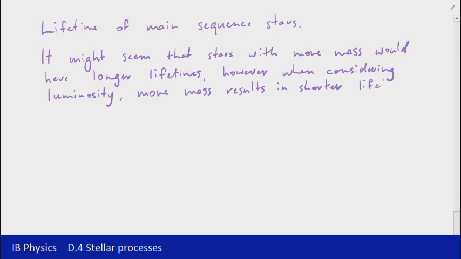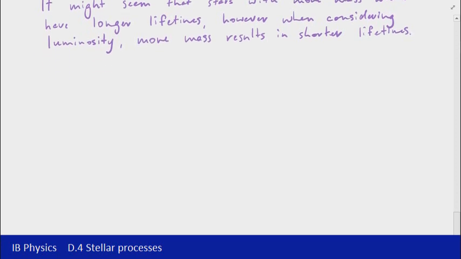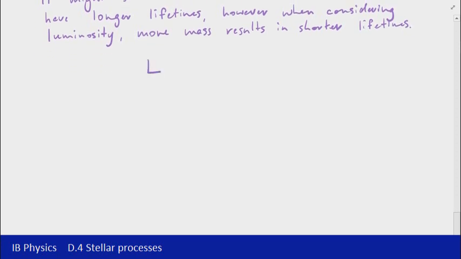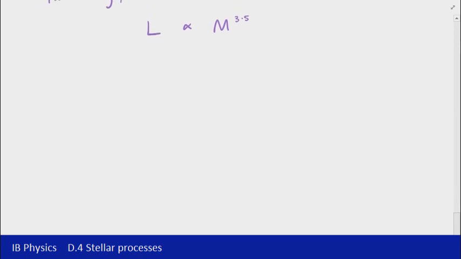And to start with, we need to go back to subtopic D.2, where we looked at the relationship between luminosity and mass, where L is proportional to M to the power of 3.5. So L being the luminosity and capital M being the mass of the star itself. Now, luminosity is basically just a measure of power, really.